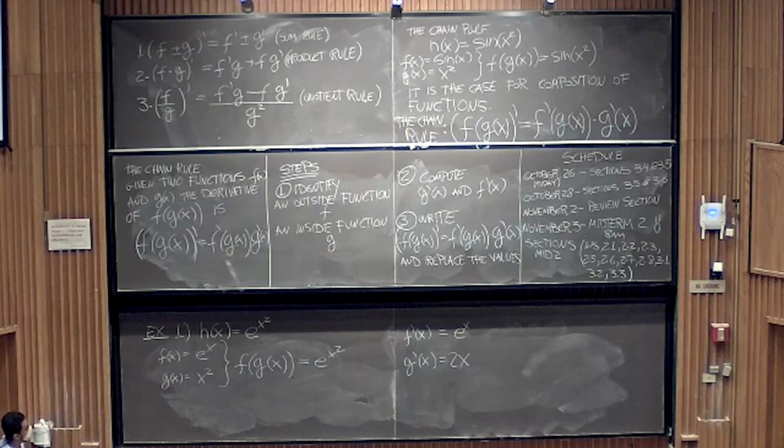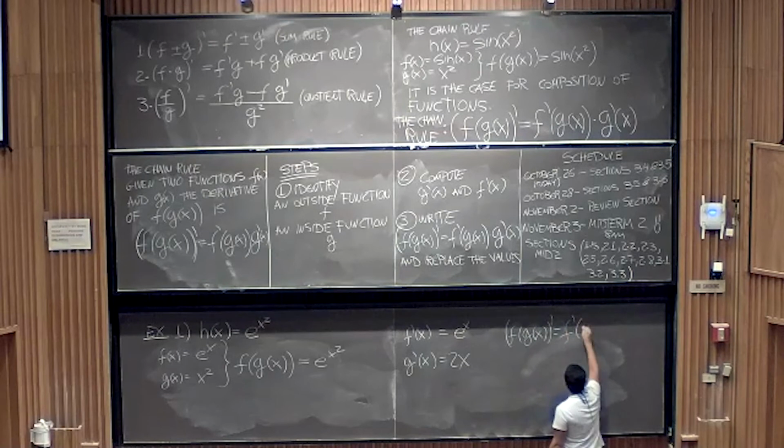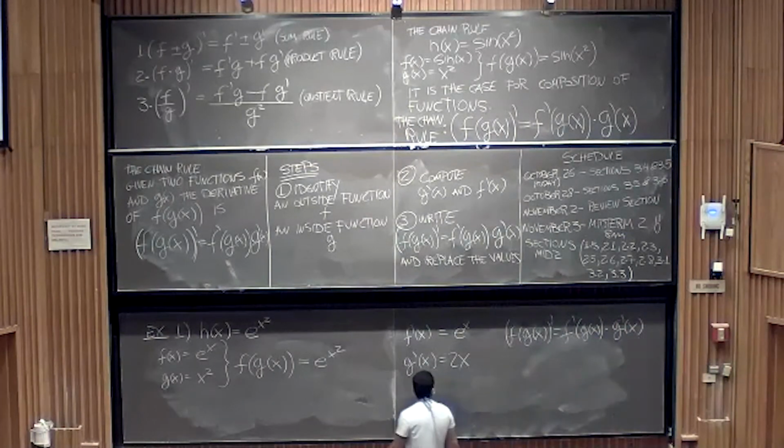Okay, the third one is just replace, because the derivative of f composed with g is the derivative of the outside, I plug the inside, times the derivative of the inside.